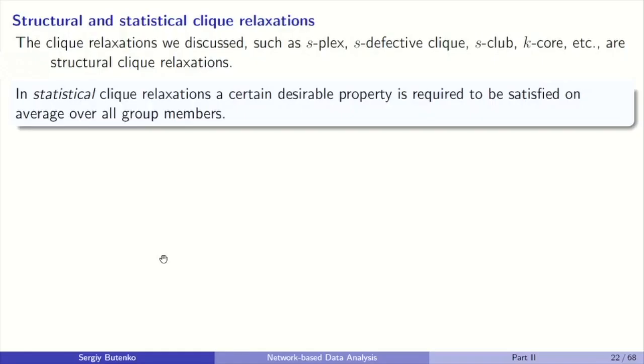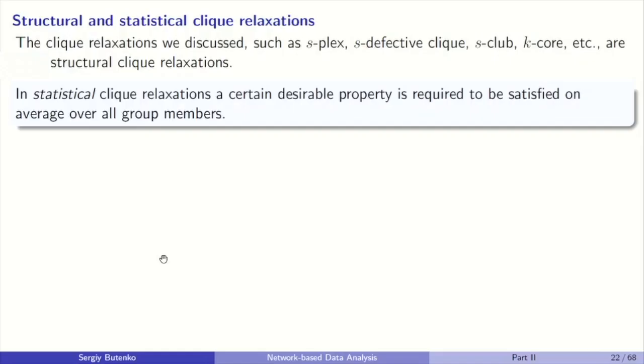So you could define a small world network. In fact, I think there is a recent paper by some of my colleagues, Baginski and Veremyov, where they look at these small world networks as a statistical relaxation, which requires that the average distance between any pair of vertices in the subset is no more than a certain value.